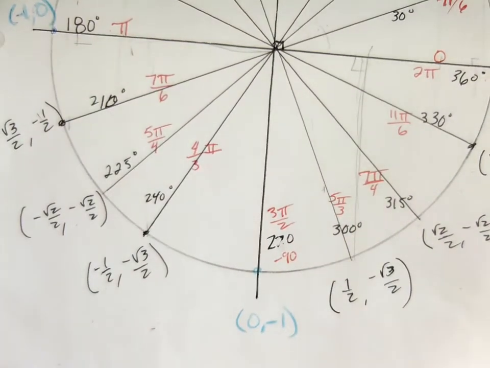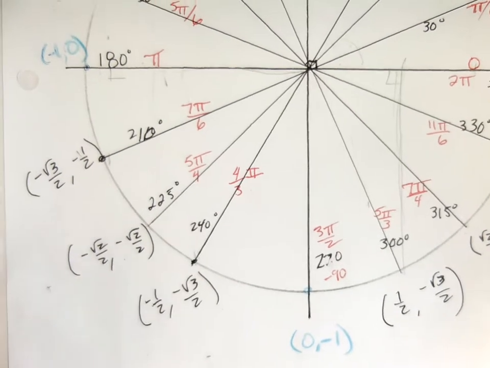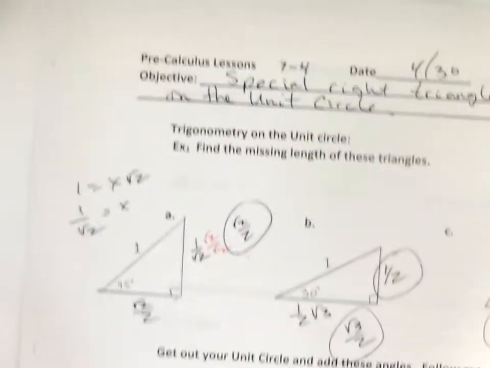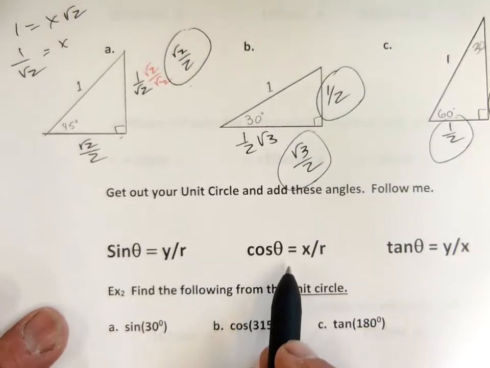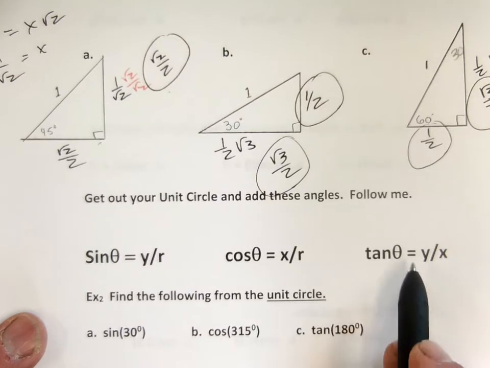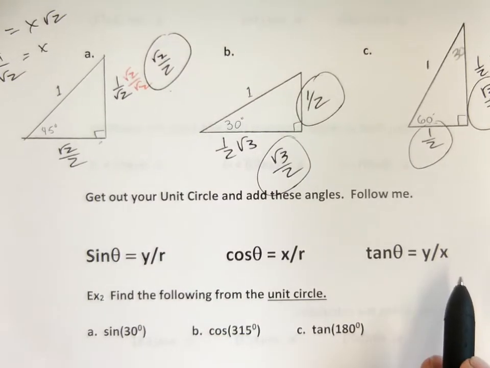We can do trigonometry on our unit circle without a calculator, okay? So let's take a look at what we have. So our notes. We know that the sine value is the y over the r. We learned that yesterday. And we know the cosine is the x over the r, and the tangent is the y over x, right? So let's be more specific.